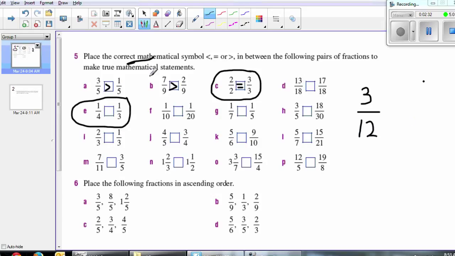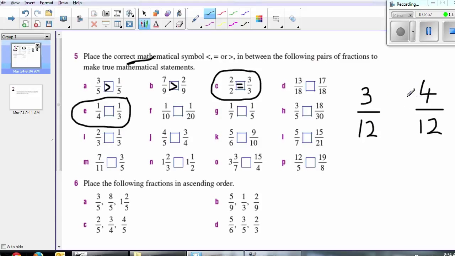For my fraction 1/3, I'd need to multiply 3 by 4 to make 12. Whatever I do to the denominator, I have to do to the numerator. So 3 got multiplied by 4, so 1 also gets multiplied by 4. So I have 3/12 and 4/12.